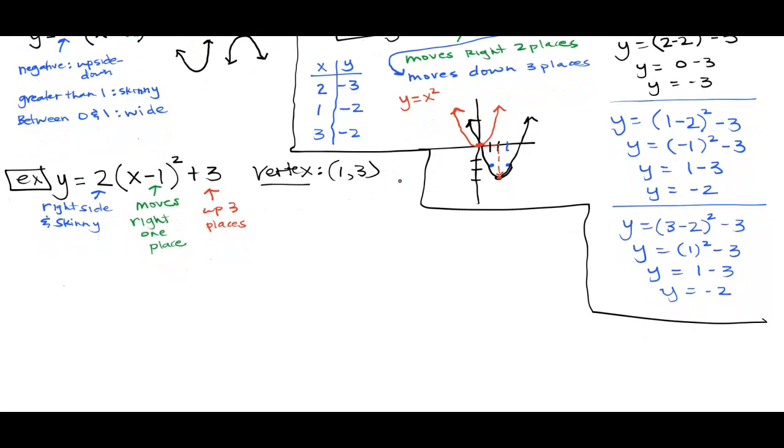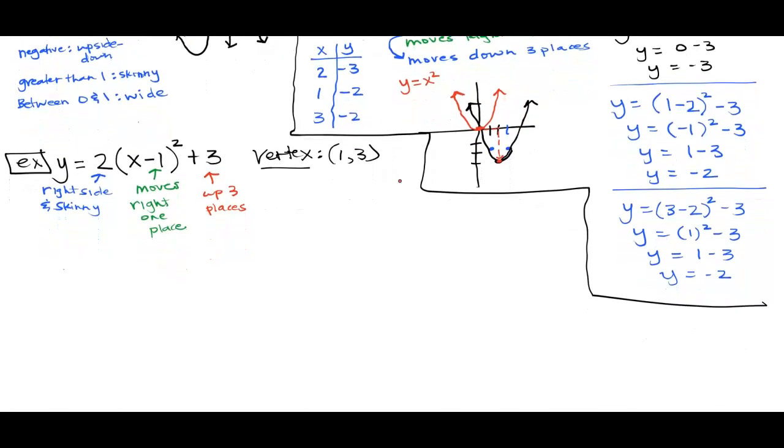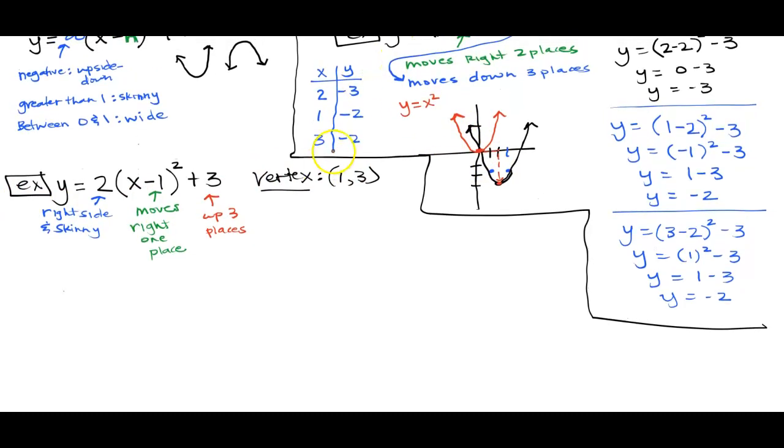Okay. So we take the first parabola, where the vertex is 0, 0, and we compare another example with that one? Yeah. When I say it moves right 2 places, I'm comparing to the regular one, called a parent function, which is always at 0, 0.